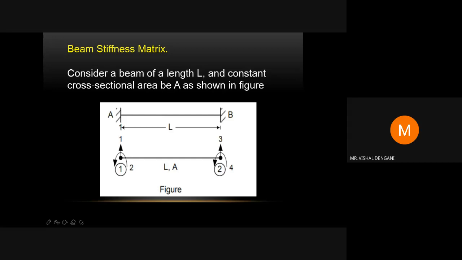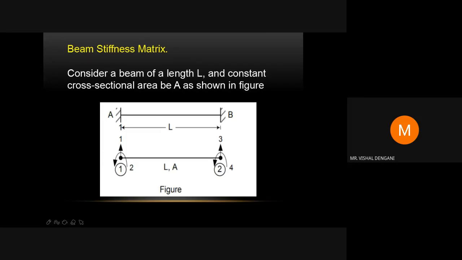This is a coding, or we can say a freedom code, which is to be assigned in the global direction. So at a free node, there is a displacement along Y, that is transverse displacement, and rotation displacement along Z. So what will be your sequence? YZ, YZ.